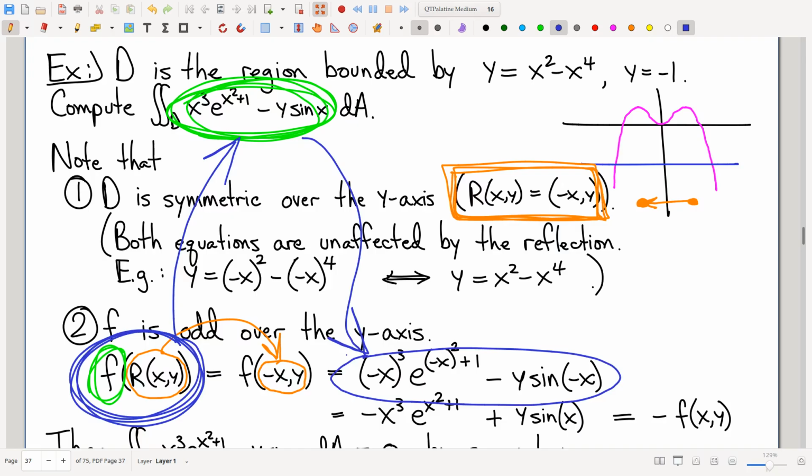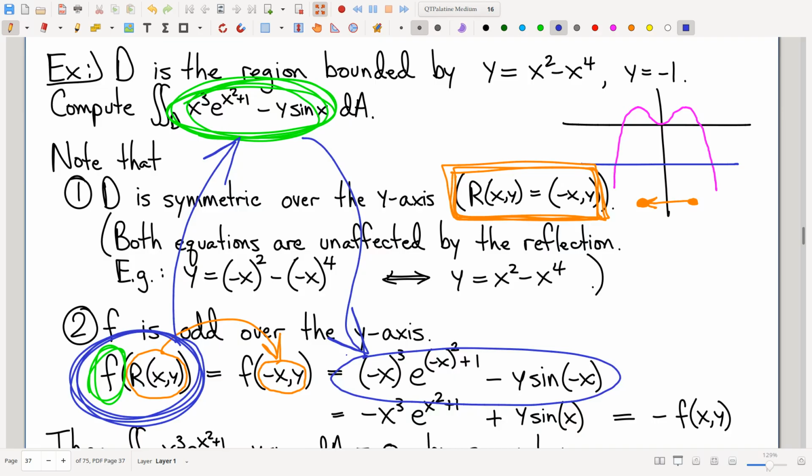What this says is, when I plug into this function f, everywhere I see an x up here, I need to plug in negative x, because that's what the reflection did. That means you're going to get a minus sign attached to every x in this expression. You see that happens right here. Everywhere you see a y up here, you just plug in y, because that's what the reflection does.